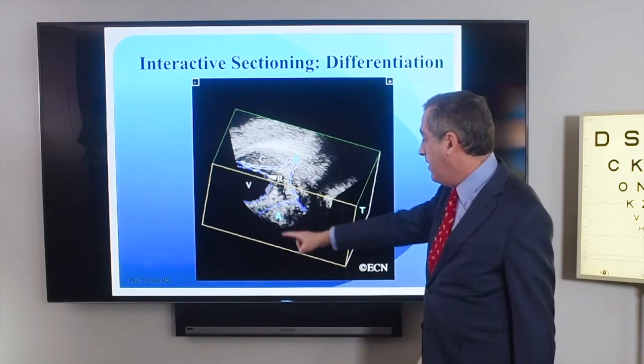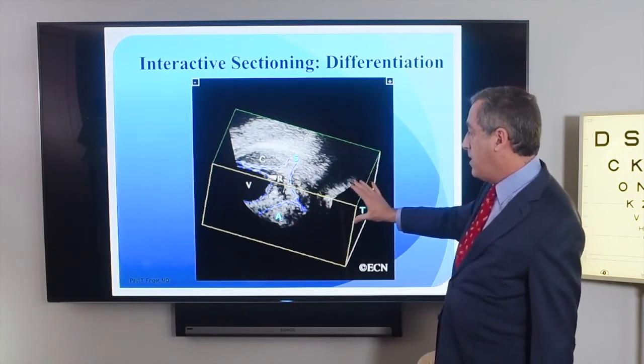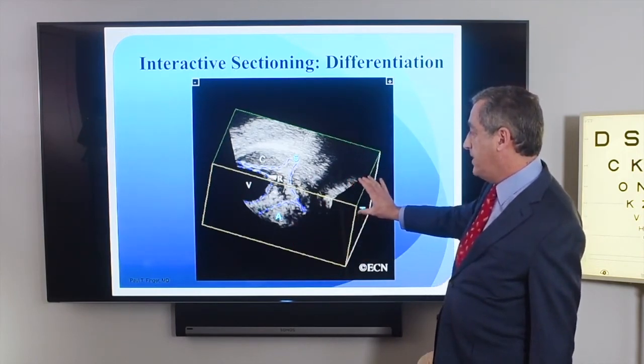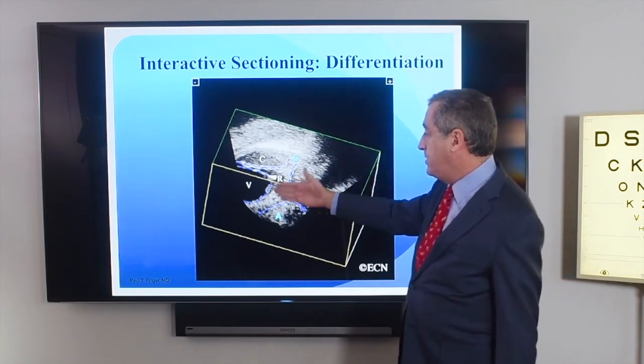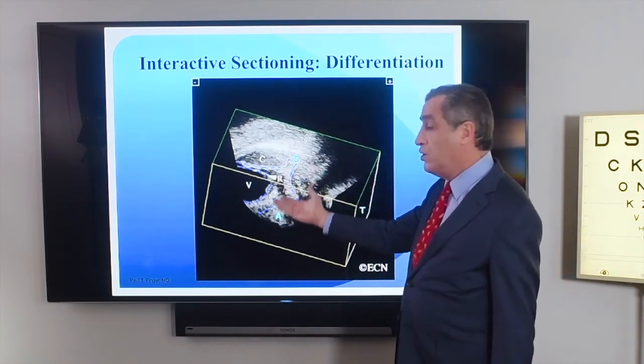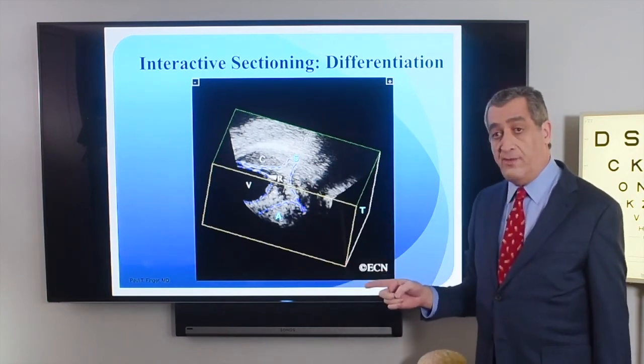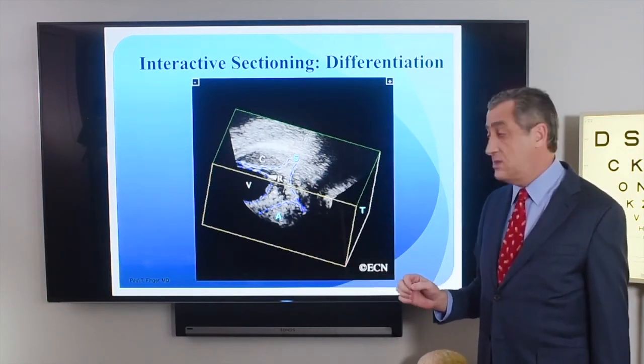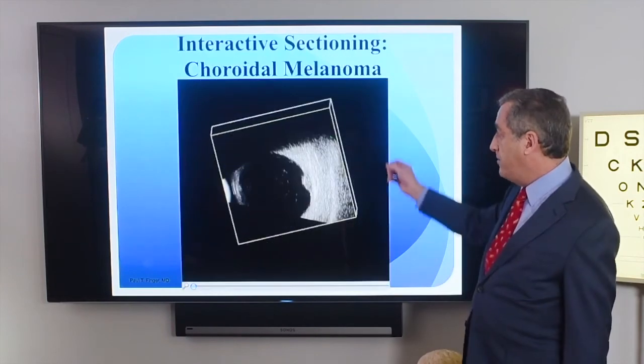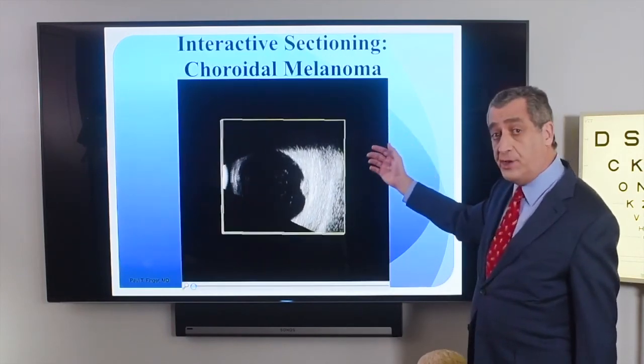This is a volume of the entire ultrasound image, which allows you to dissect through and look at the subretinal contents. I'm going to show you another movie which demonstrates this very clearly. Here we have the three-dimensional volume that was captured.